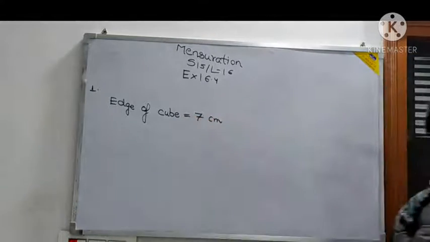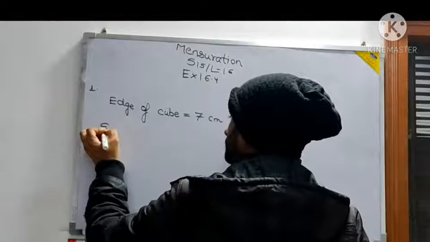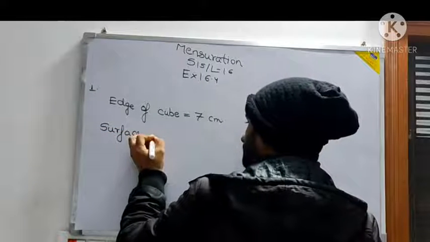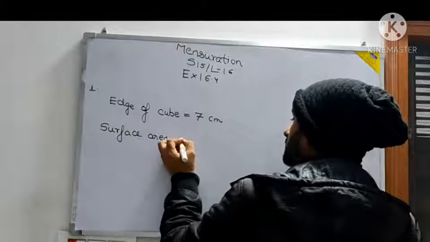So what have they asked in the question? Surface area. How many surfaces are there in the cube? 6 surfaces. All the sides are the same. So the area of one face will be what?